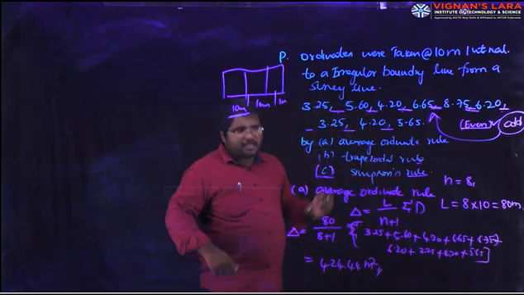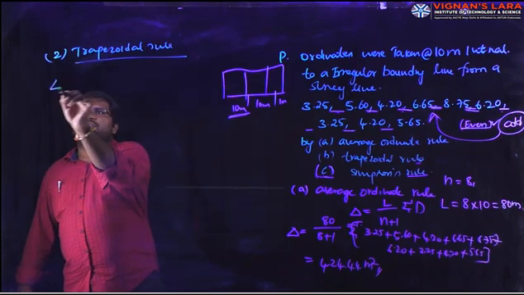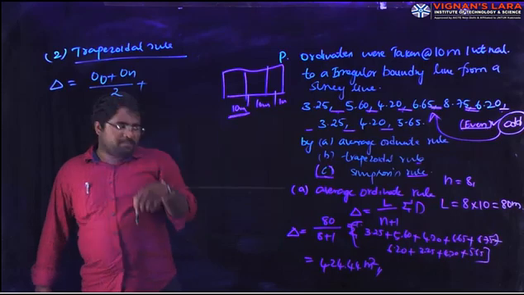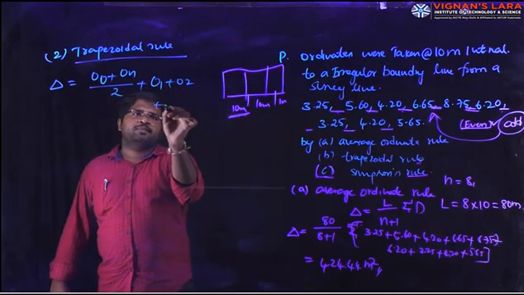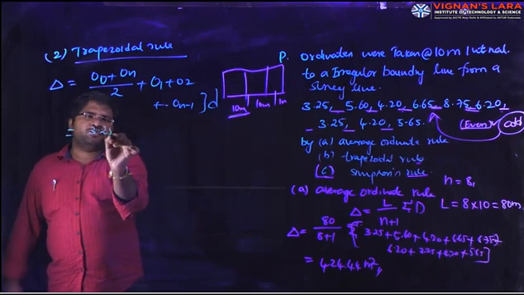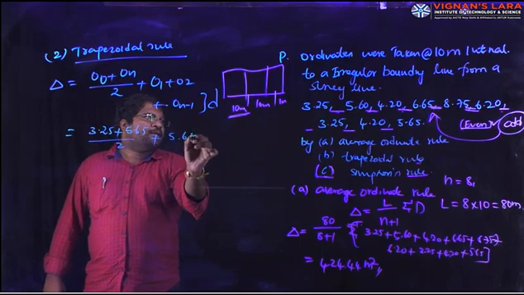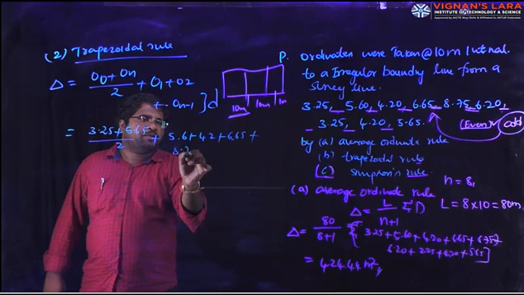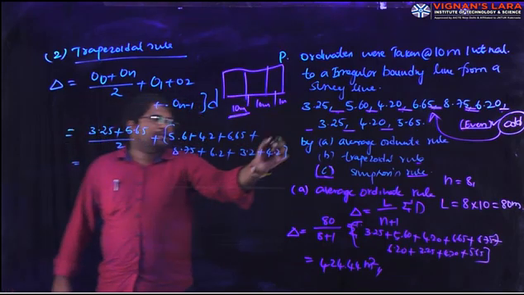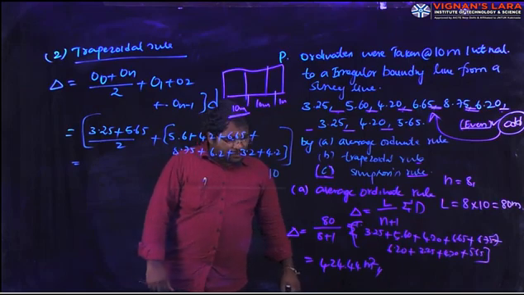Next we will see the second method, the trapezoidal rule. According to the trapezoidal rule, area equals the first ordinate O naught plus the last ordinate On, divided by 2, plus the sum of all the remaining ordinates, O1 plus O2 and so on up to On minus 1, into D. Here that is 3.25 plus 5.65 divided by 2, plus 5.6 plus 4.2 plus 6.65 plus 8.75 plus 6.2 plus 3.2 plus 4.2, multiplied by D, which is 10, the distance between two ordinates.